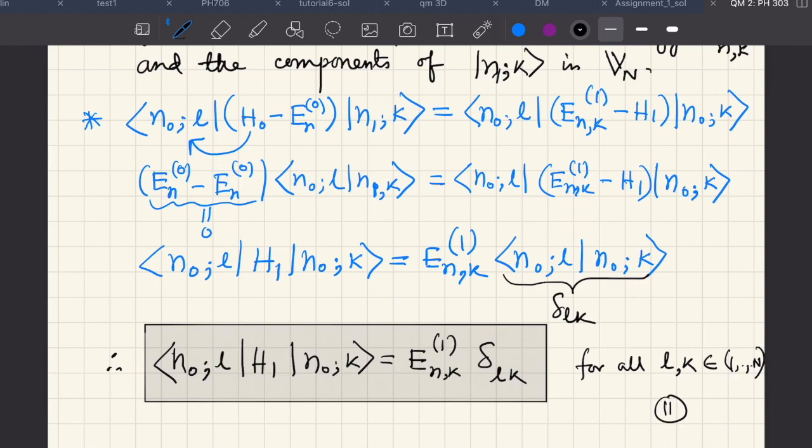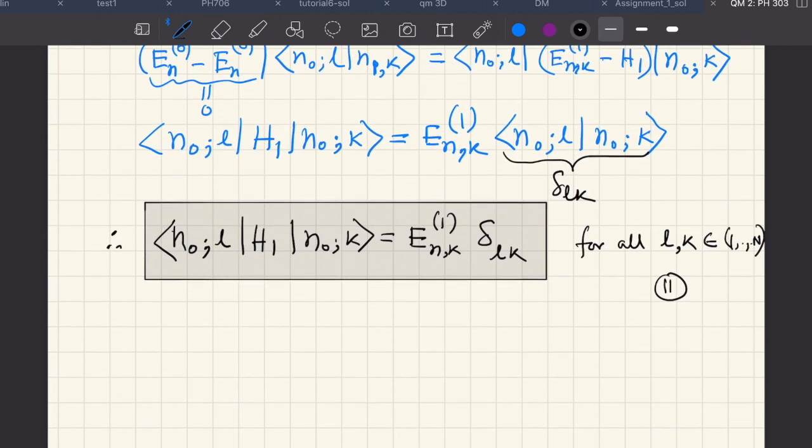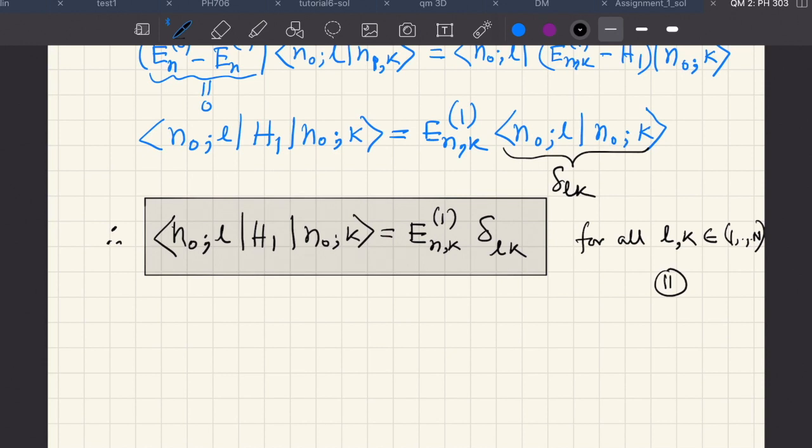This is an amazingly beautiful equation because it tells us many important things about the system.